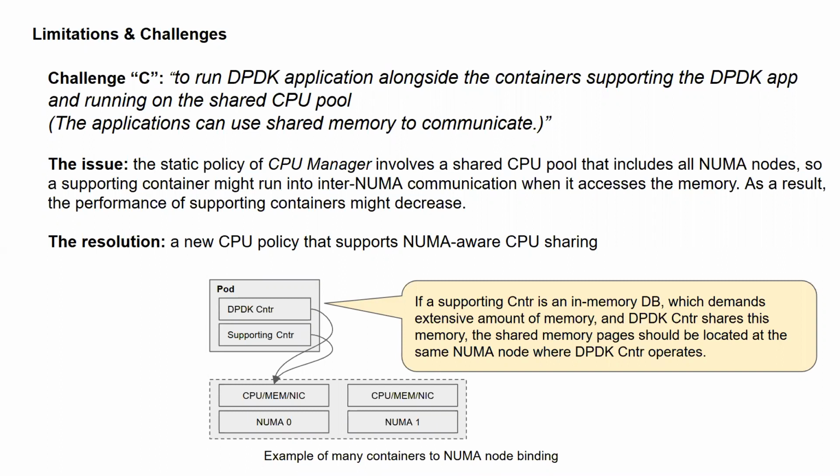In case of the guaranteed class, the static policy just slices one CPU or an integer amount of CPUs out of a shared pool and pins it according to the topology. But the rest of the shared pool is just the rest of the CPUs. So unless you exclusively have a CPU, you will have a pool which will be spanning. Oh, I'm sorry. Okay, so you want per NUMA node shared pools. Yes, this is the idea.